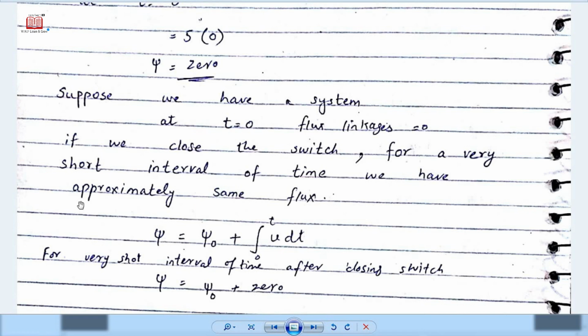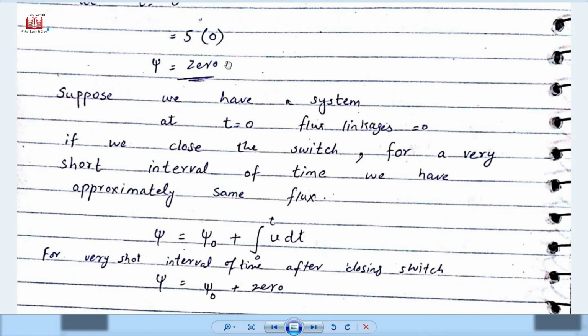This is the next assumption you need to keep in mind: if we close the switch for a very short interval of time, we have approximately the same flux. I proved already that if we close the switch at t equals 0, the flux value is 0 at any voltage, as long as it is not infinite.